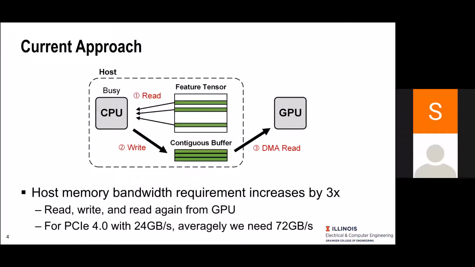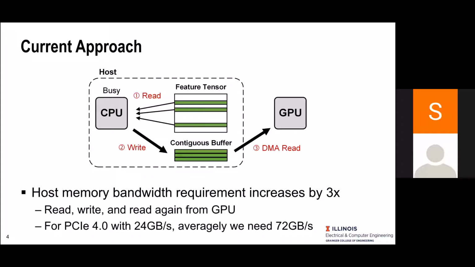To simplify, the host memory bandwidth requirement increases by 3 times in this case. The CPU first needs to read and write, and then the DMA read is done by the GPU. So statistically speaking, to send 1 byte of data, you actually need to access host memory 3 times.